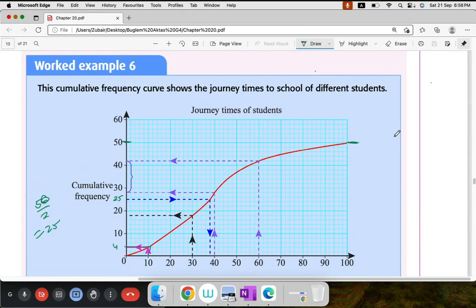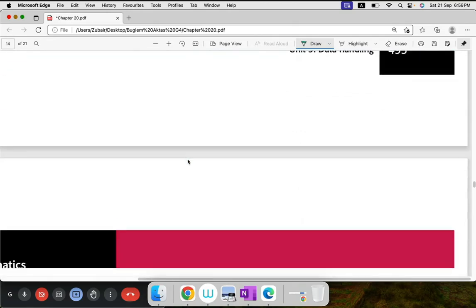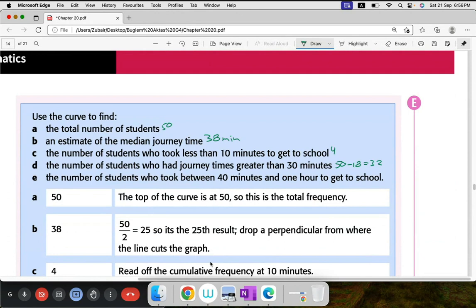What do you see on the y-axis? I see it's 28. Okay. And then for 60? I see 42. So would I subtract them? Yes. That is 14. 14 students.